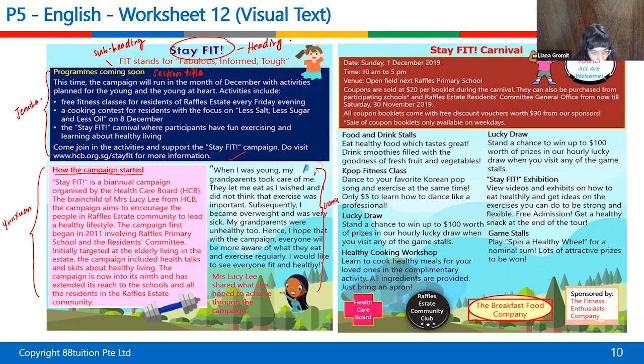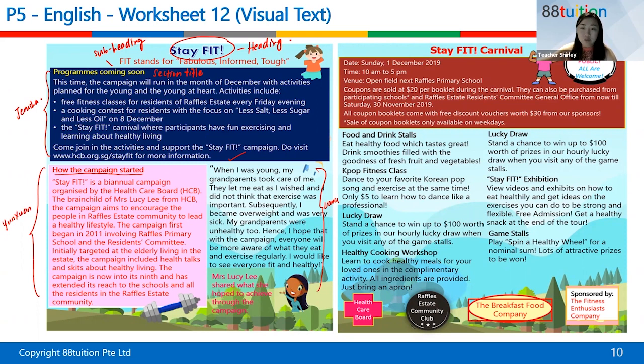My grandparents were unhealthy too. Hence, I hope that with the campaign, everyone will be more aware of what they eat and exercise regularly. I would like to see everyone fit and healthy. Very good, Liana. So this is a sharing by Mrs. Lucy Lee, because she was sharing on what she hoped to achieve through the campaign.